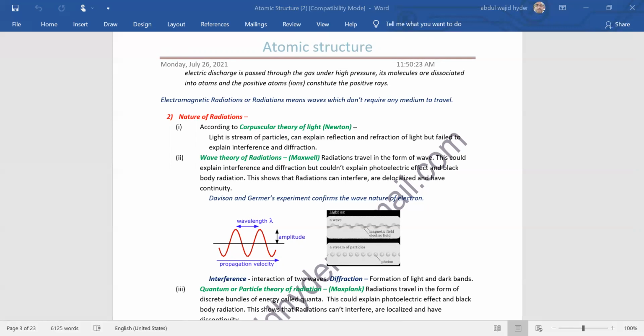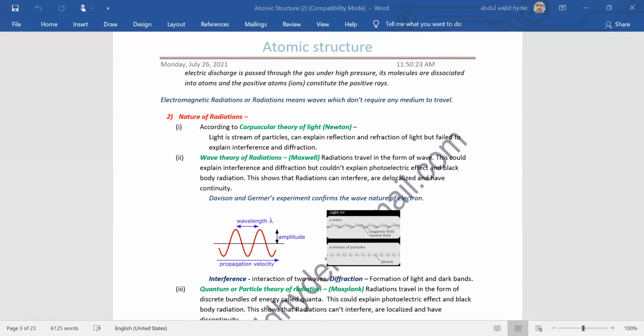Is the PowerPoint presentation visible, Mesha? Is it visible? Yes, sir. What is written there on the screen? The nature of radiation according to Corpuscular theory of light. Oh, fine. Okay, fine.